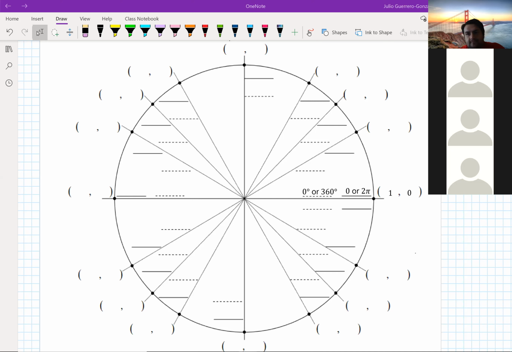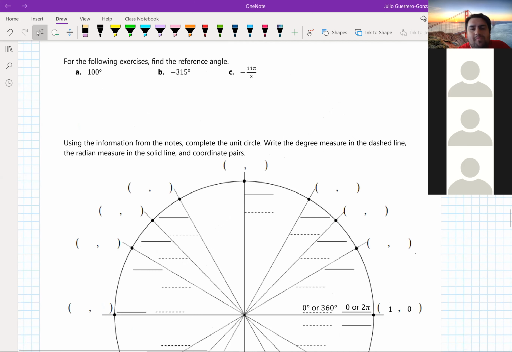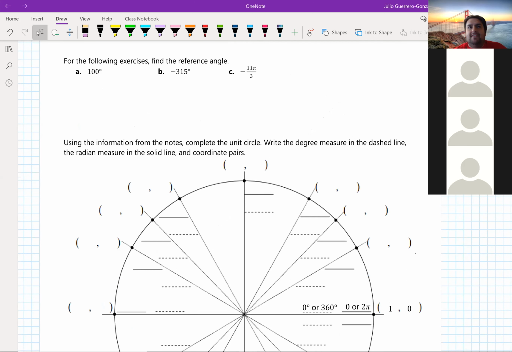Do you know how we could find the reference angle for 100 degrees? It's the same process. You just don't have values for it. Does that make sense, Edlin?